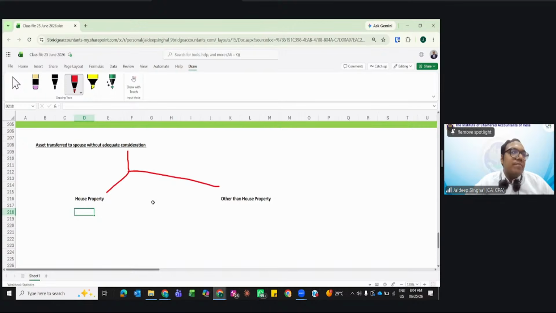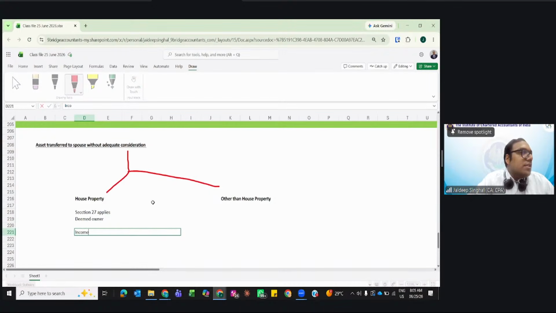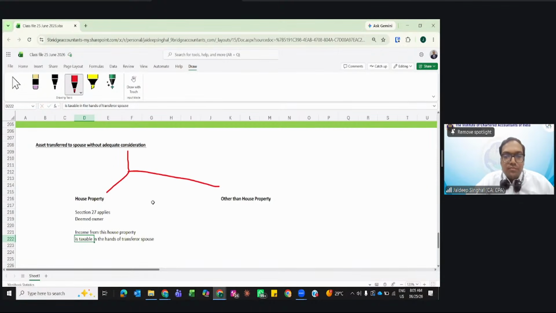Lakshmi says yes. The answer is no. Section 27 applies. We have just discussed in today's session. Deemed owner. Income from this house property is taxable in the hands of the transferor spouse, the deemed owner.